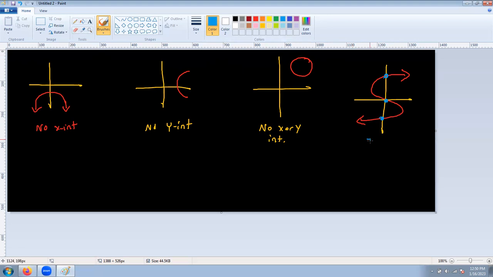So we have 3 intercepts on that one. And let's see here. What if you had just a parabola like this? No, there's just one intercept. Okay.